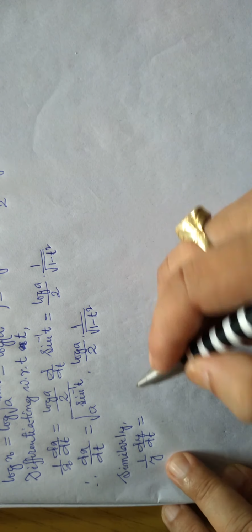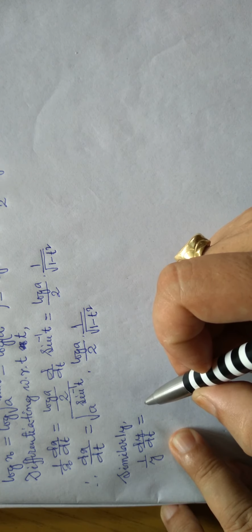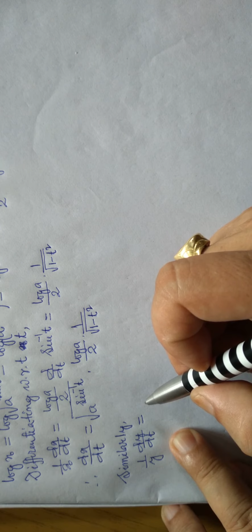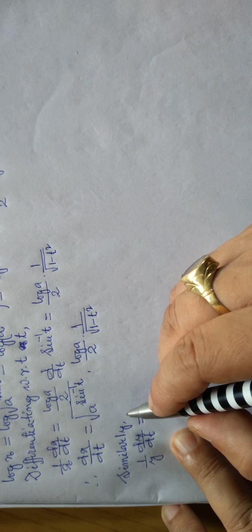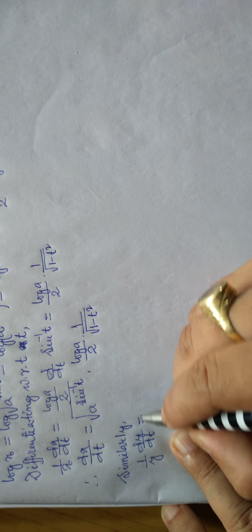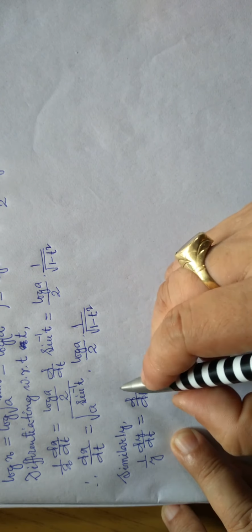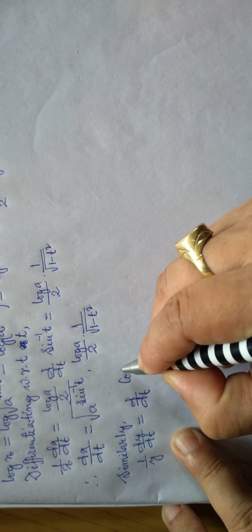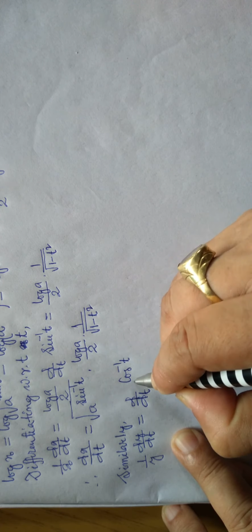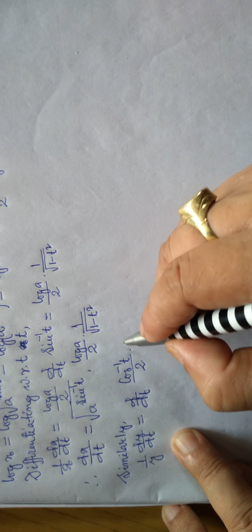Then we can write it, say, cos inverse t, derivative of the cos inverse t divided by 2 into log e.